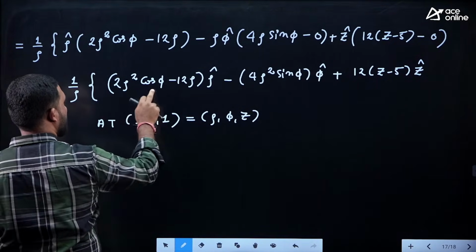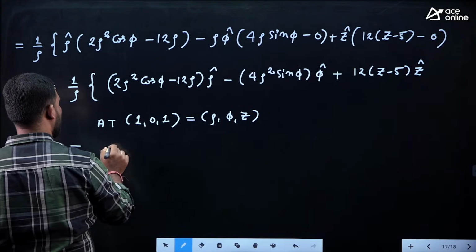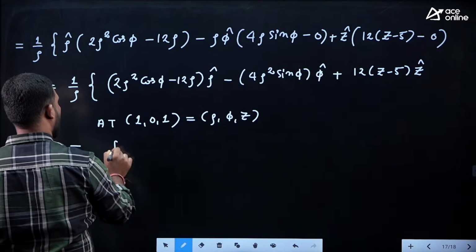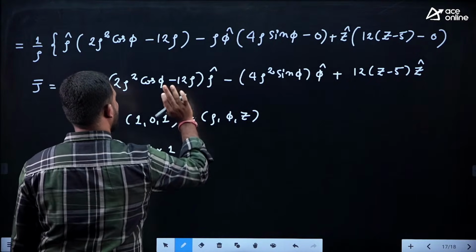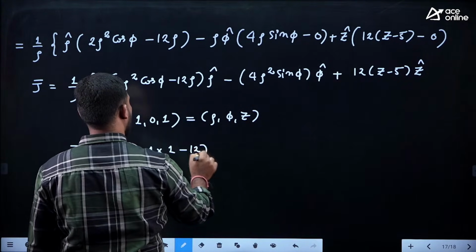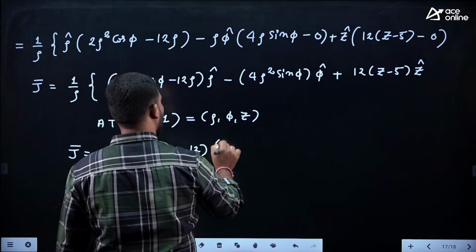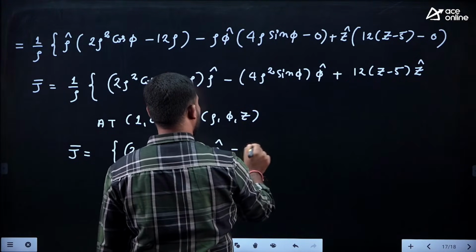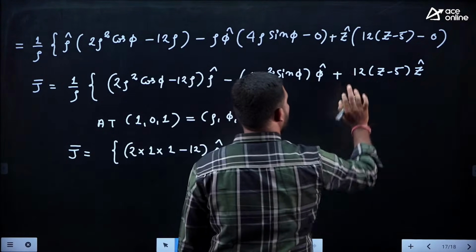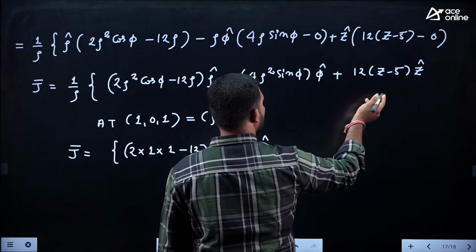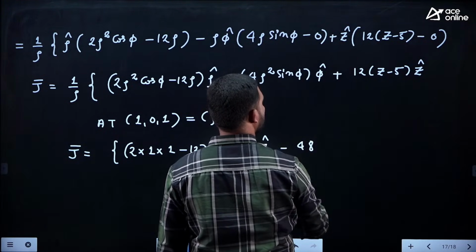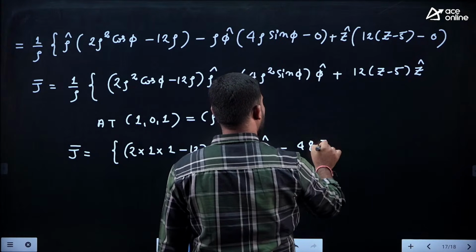So this is 1, this is 1, so it is 2 into 1 into 1. So this is 1 minus 12 into rho cap. So this is 0 minus this one, z is 1, so it is 48 z cap.